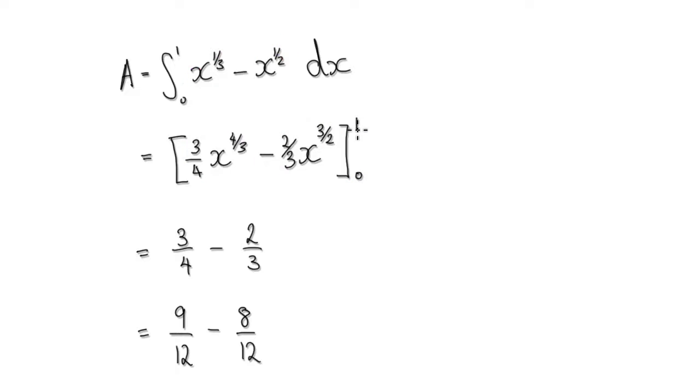Now put 1 into here, and it will be 3 over 4 times 1 to the power of 4 over 3.